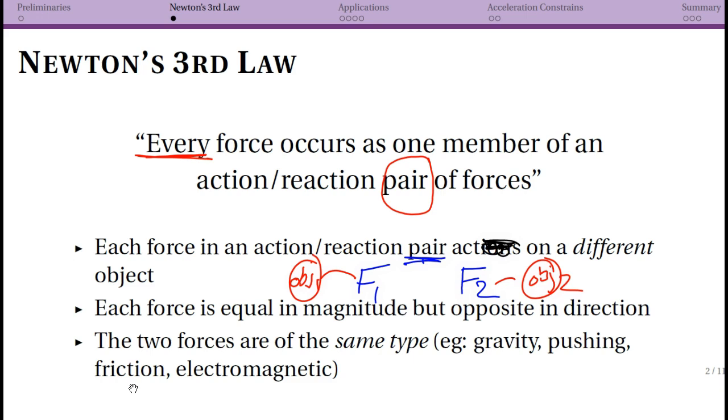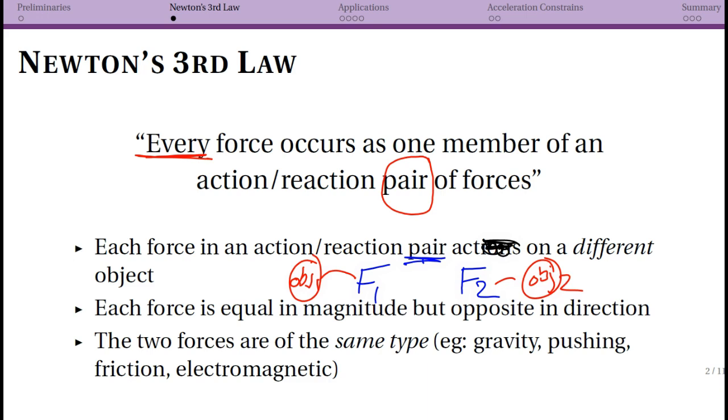If one is friction, the other is friction. And so on. It's really important to think about that, since it will help you not incorrectly identify the Newton's third law pair. So please be careful about that. Same type, and again, equal and opposite in direction and magnitude.